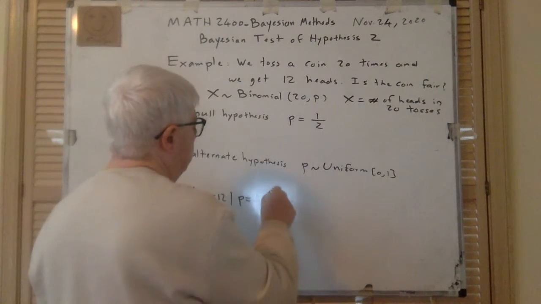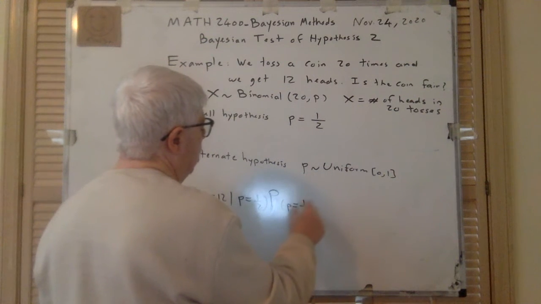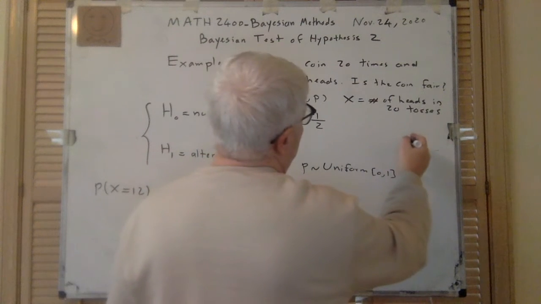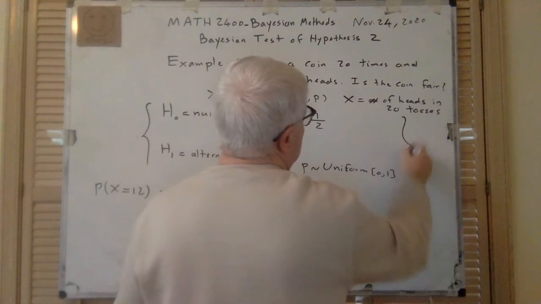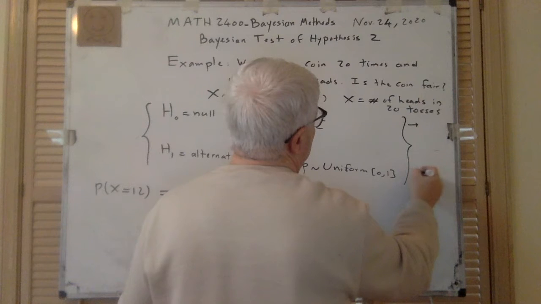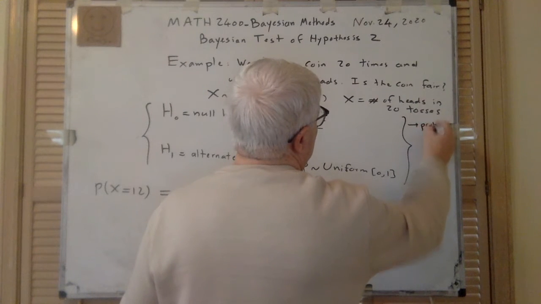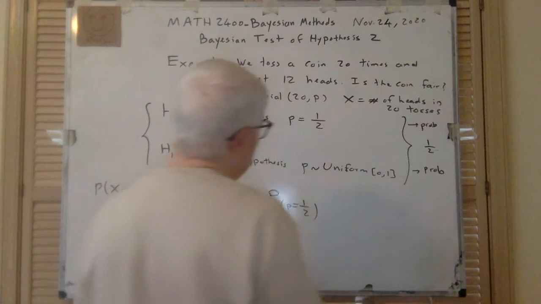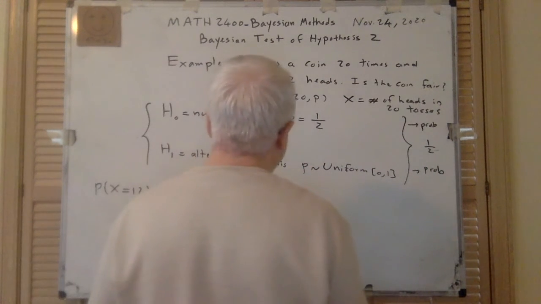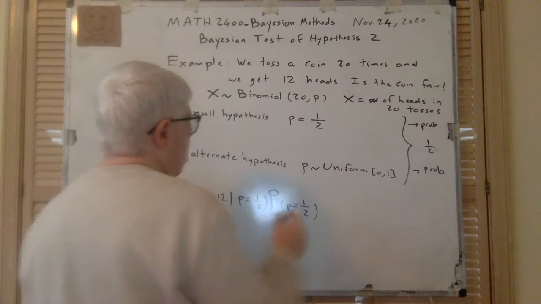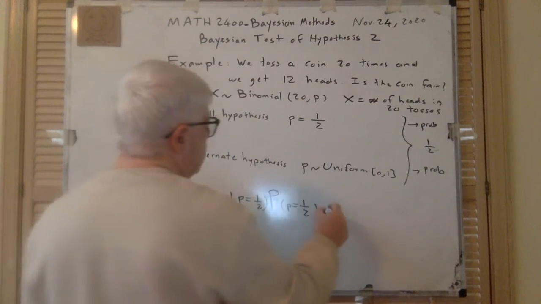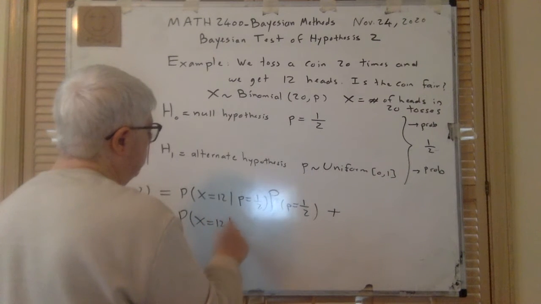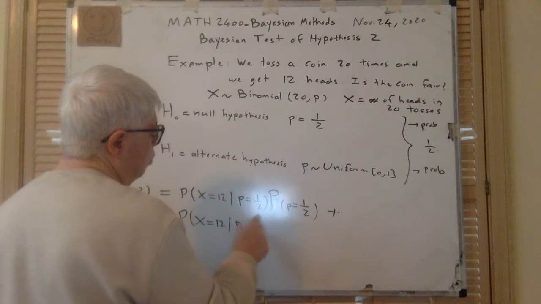Both hypotheses happen equally likely, each with probability 1/2. So this is 1/2, plus P of X is 12, given that small p has a uniform distribution.